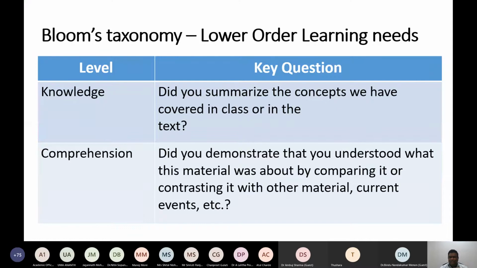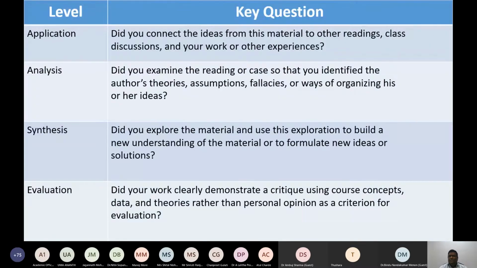But higher order learning needs has got these four levels. The application: whether the student is able to apply the theory to a new situation and explain what is happening in that situation. Then analysis: is he able to analyze how, according to the theory, the behavior is happening.